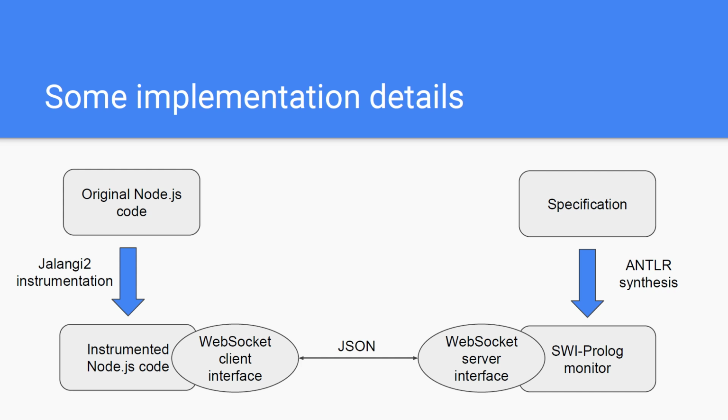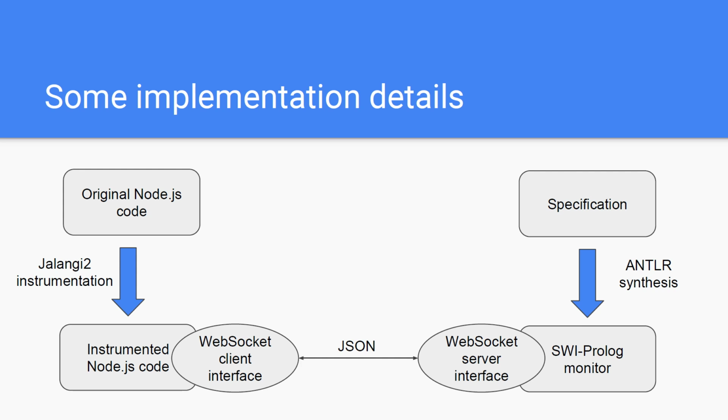So actually, you transform the original Node.js code into instrumented Node.js code. Then the specification you have seen produces the monitor automatically through ANTLR, and the monitor is written in Prolog. So it generates code automatically from your high level specification.